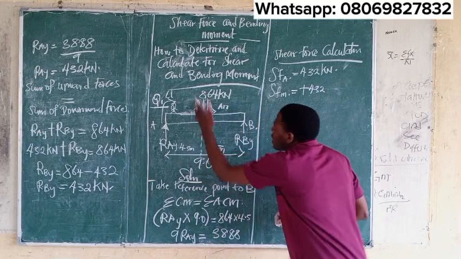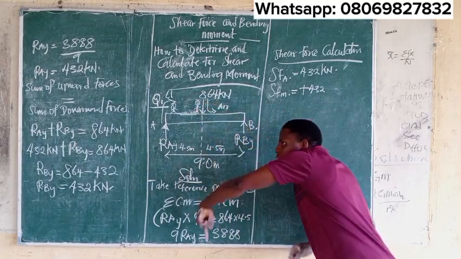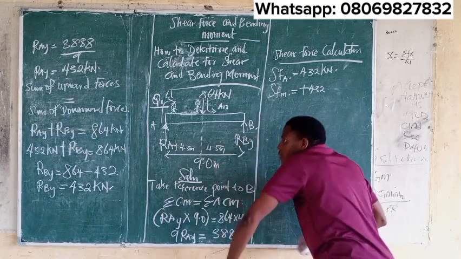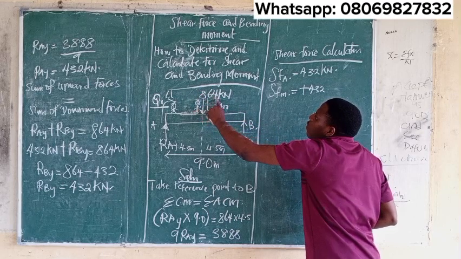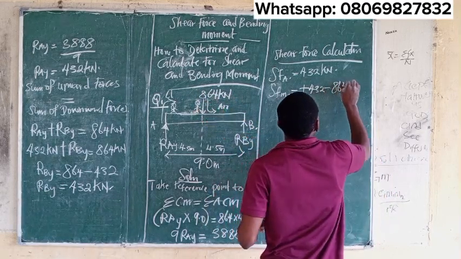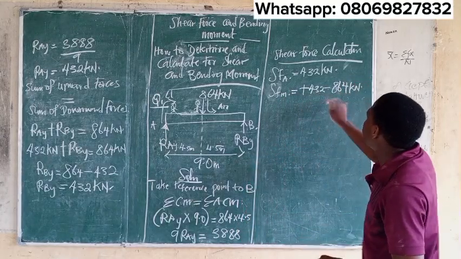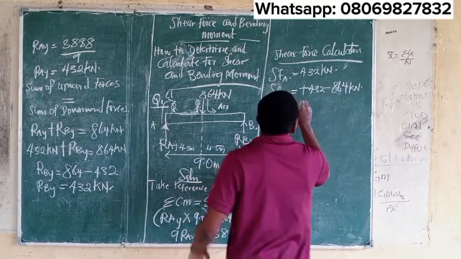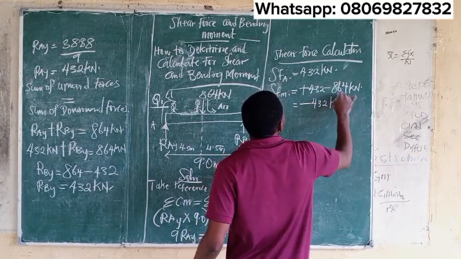And the force at the point where you are standing is a negative force. It's coming down, which is the load. It's a negative force and it's a load of 864 kilonewton. So 432 minus 864 kilonewton gives minus 432 kilonewton.